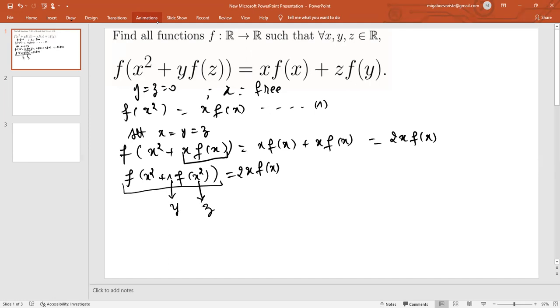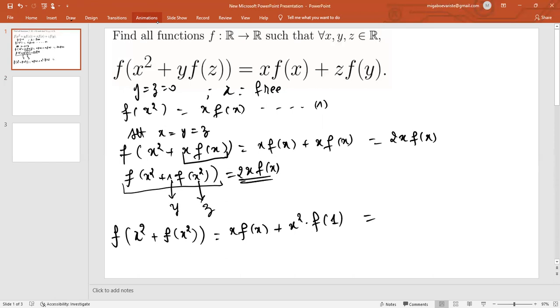So if I do this in my given expression, I have f of x squared plus 1 times f of x squared equals x times f of x plus z times f of y, which is x squared times f of 1. Now, this equals this expression, which is 2x times f of x.